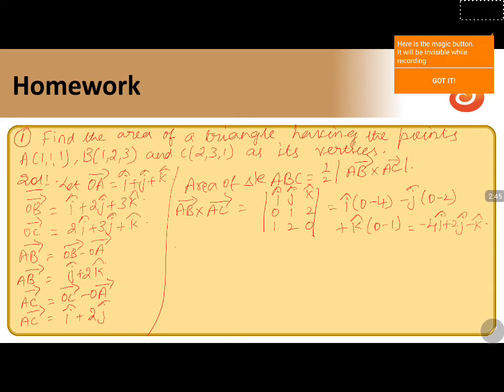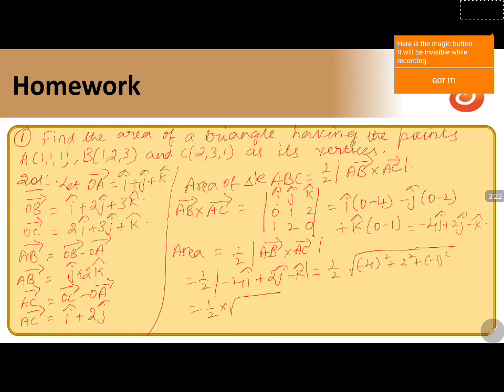Therefore, we substitute in the area of the triangle: area equals half into magnitude of AB cross AC vector, that equals 1 by 2 into magnitude of minus 4i cap plus 2j cap minus k cap, that equals 1 by 2 into root of (minus 4) whole square plus 2 square plus (minus 1) whole square, that equals 1 by 2 into root of 16 plus 4 plus 1, that equals 1 by 2 into root of 21.